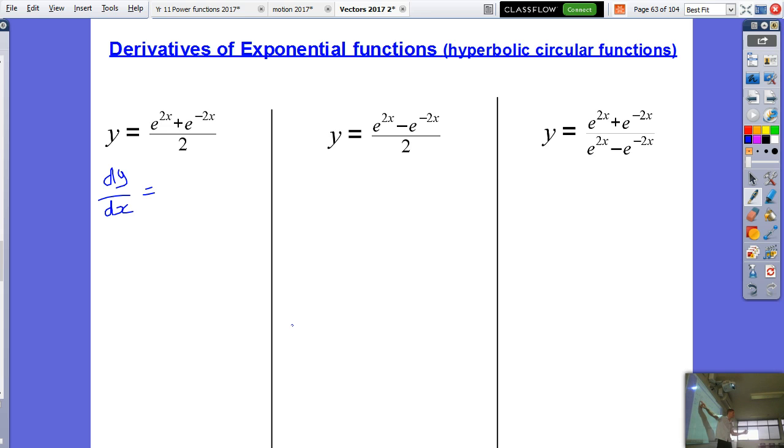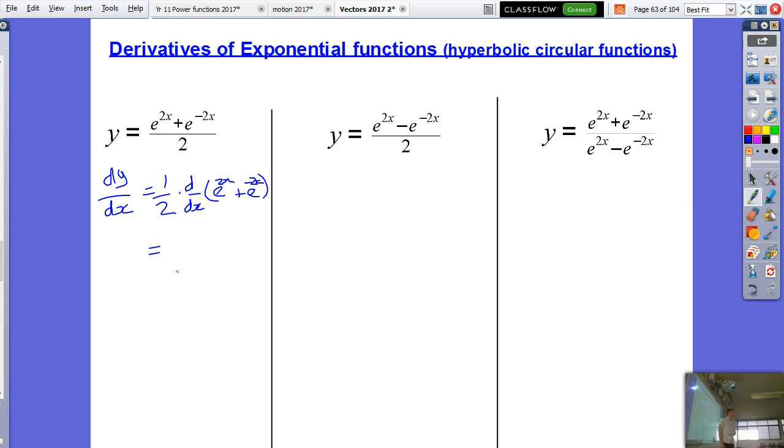The factor of a half is that extra factor that doesn't take part in the process itself. So you can have that as a factor of half on the outside, and then we're just differentiating the sum of the two parts, the e to the 2x plus e to the negative 2x.